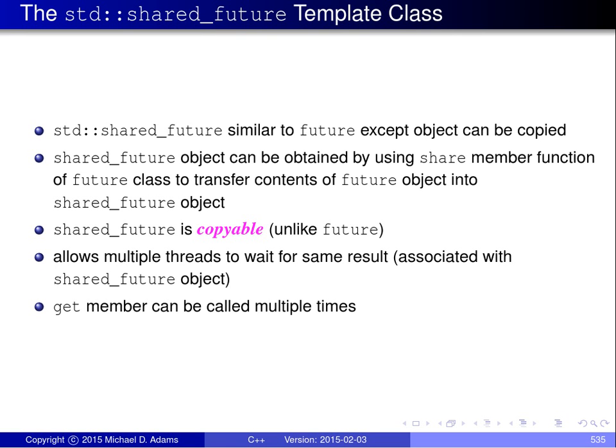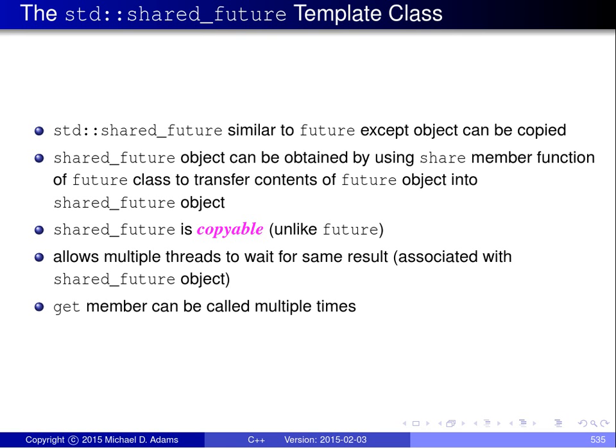And the reason that being able to copy these shared future objects is useful is it allows for the sort of usage where you create a promise and then you get many shared futures that correspond to that promise, and you hand out these many shared futures to many different threads, and then all of these threads can then wait for the result that's written into that future.